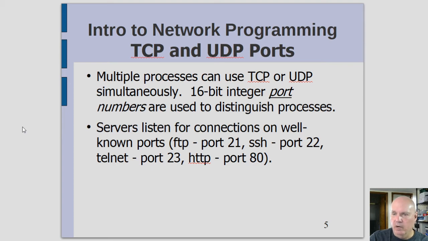We don't want an ordinary user, for example, listening on the Secure Shell port and pretending to be a Secure Shell process and capturing passwords and things like that. So those ports are secure. If you make connections to the well-known ports on CS Server, you're guaranteed at least that these are programs that are started by someone with system administration privileges.